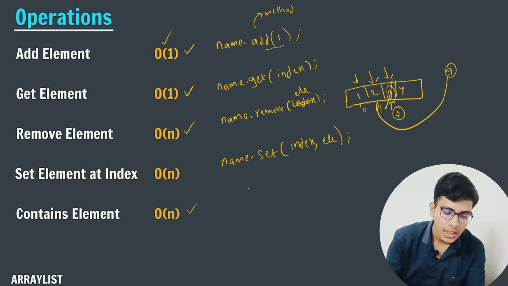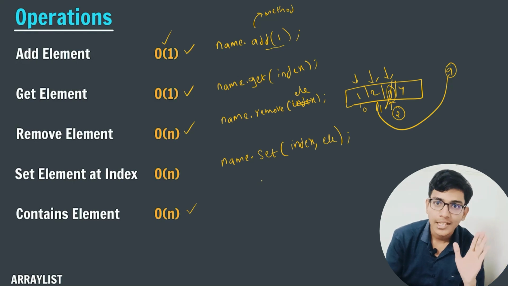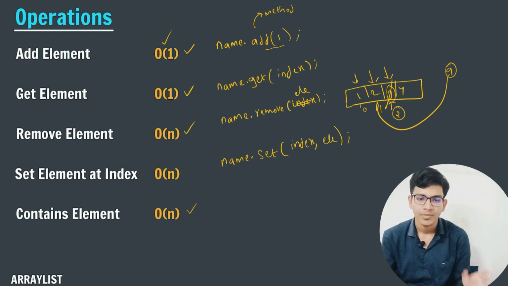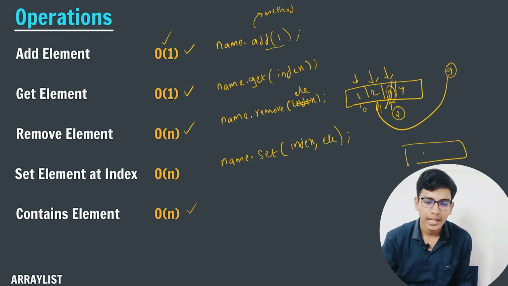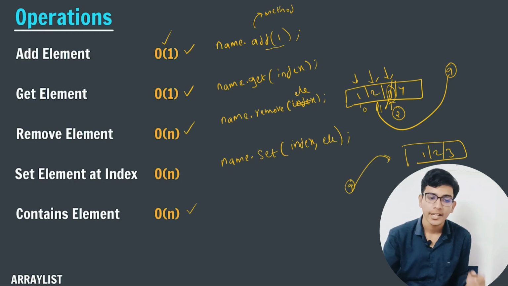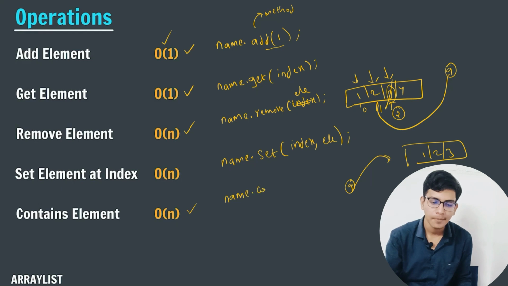After that, if I want to check whether a particular element is in my ArrayList, suppose this is my ArrayList 1 2 3, and I want to check whether 9 lies in my ArrayList or not, for that I will write name dot contains, and in this I will give my element.